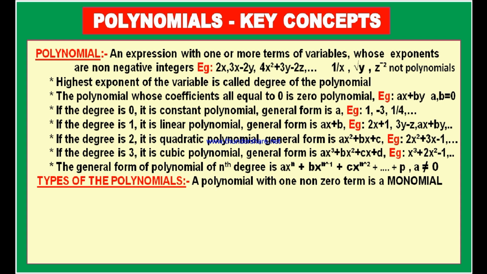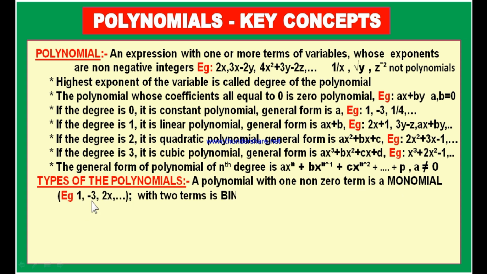Now the next point is types of polynomials. Based on the number of terms in a polynomial, the polynomials are classified as monomials, binomials, trinomials, multinomials. In any polynomial, if there is only one non-zero term, a polynomial with only one term is called a monomial.